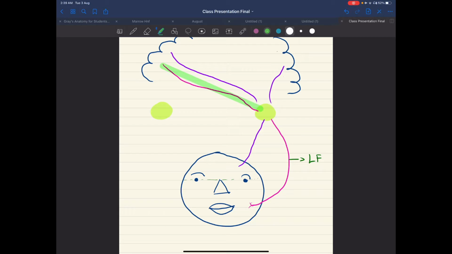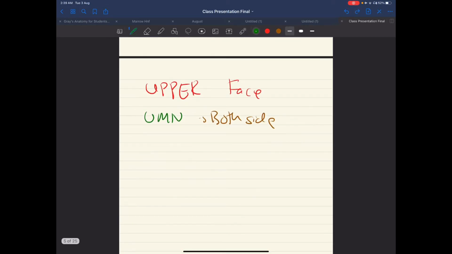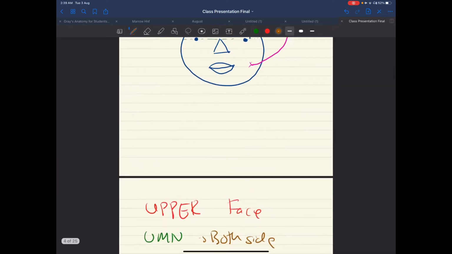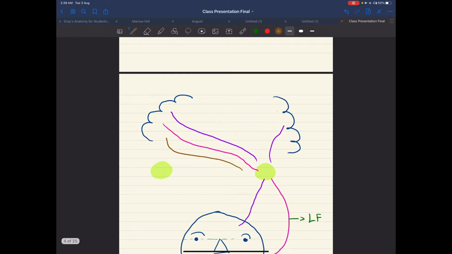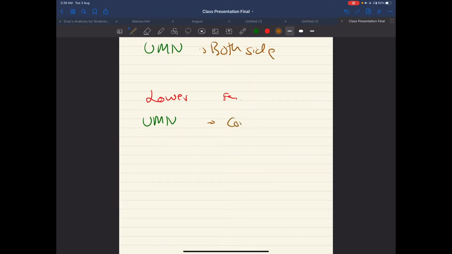So what we can say is that the upper motor neuron for the lower half of the face is only coming from where? From the contralateral side. For the left, it's coming from the right.